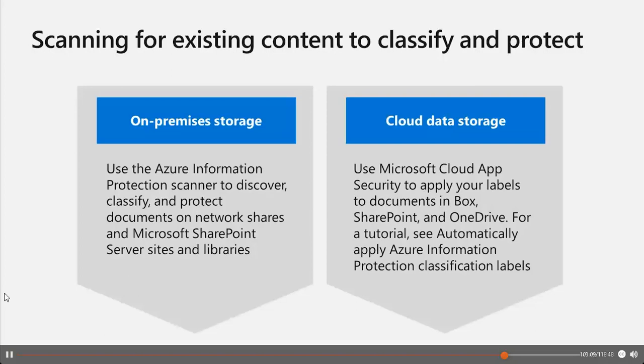So the on-premises part is built on the Azure Information Protection Scanner. Don't mix it up with the RMS connector that's also in place. The RMS connector can also be used with SharePoint and Exchange on-prem and file servers on-prem, but it delivers just the encryption, the Azure RMS component.